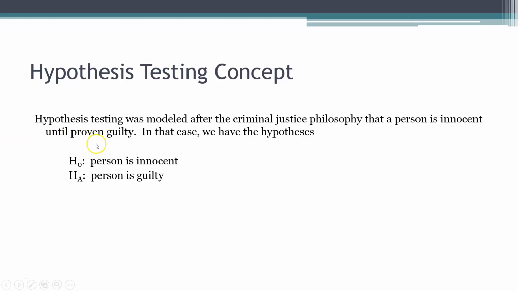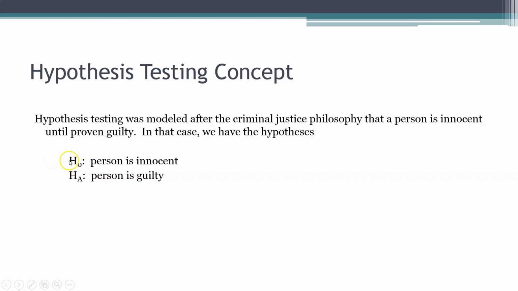If the person is found not guilty, we are not saying they're not guilty. We're just saying we've not been able to eliminate H naught as reasonable or as likely.